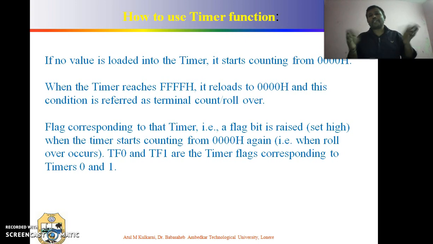After some time, the contents of the timer become all 1 and then all 0. This particular condition is referred to as terminal count or rollover state, meaning rollover has occurred for that particular timer. That means the contents of the timer are full now. So in this way we can use the timer.